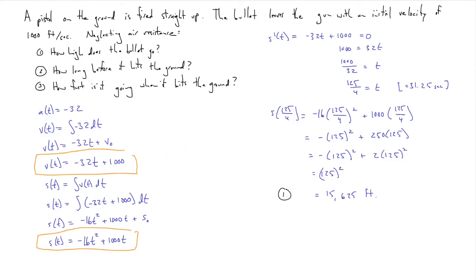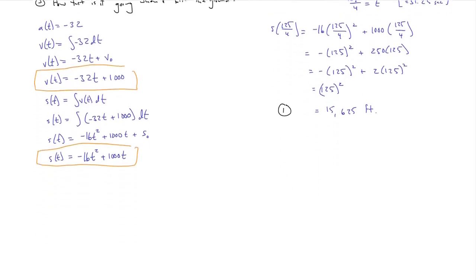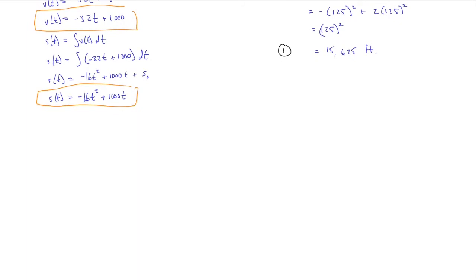Okay, I've answered the first question, how high does the bullet go? Now I'd like to answer the next question, how long before it hits the ground? The question of when the bullet hits the ground is a question of position. The position at the ground is position 0, so this is asking when is the position equal to 0? To answer that, we set the position function equal to 0, and we solve for t.